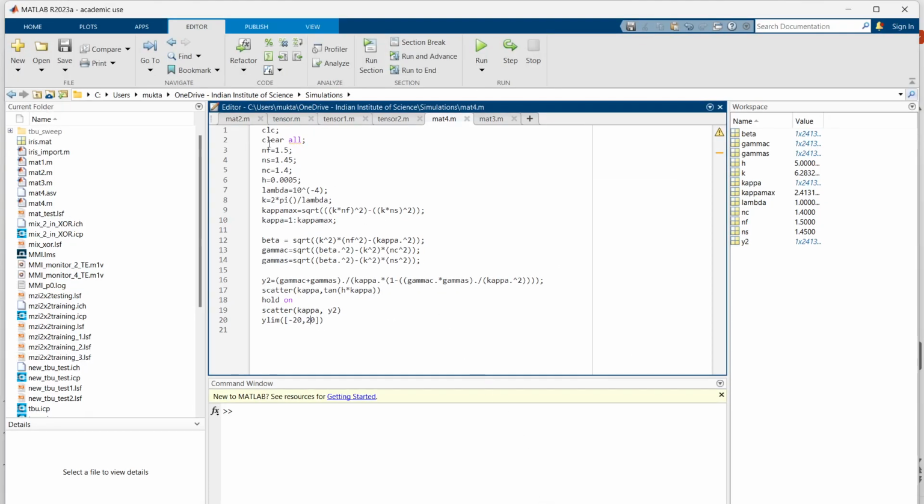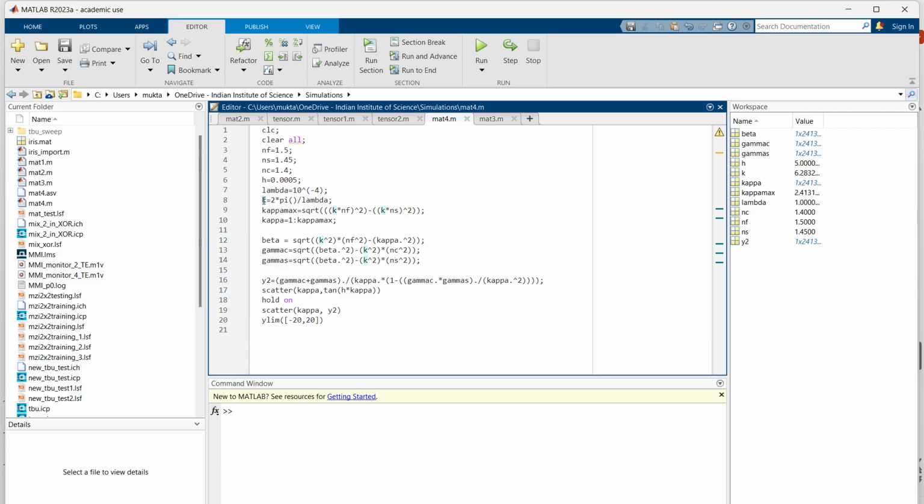As you can see here, I have defined what is NF, NS, NC, the three refractive indices. I have defined the height or the thickness, and I have also defined the wavelength lambda. Then what is my k? This k is nothing but k naught, that is 2 pi by lambda, the free space wave vector.